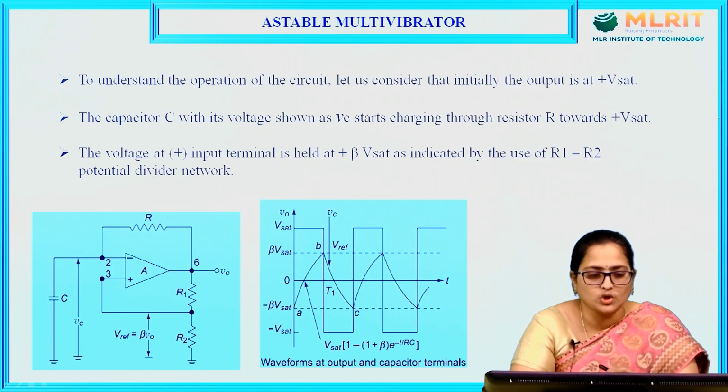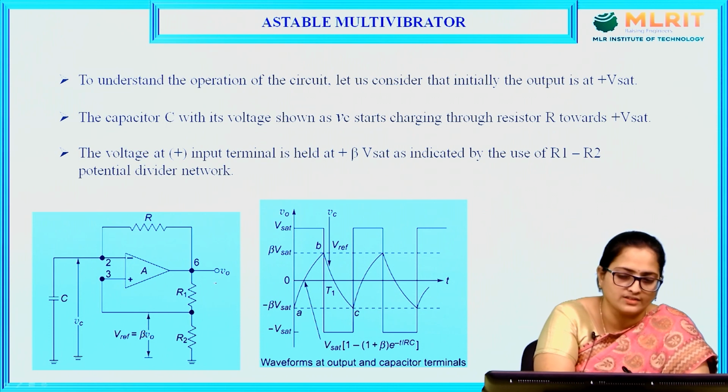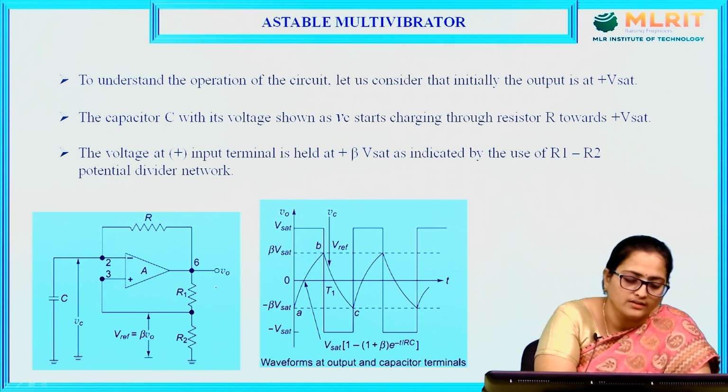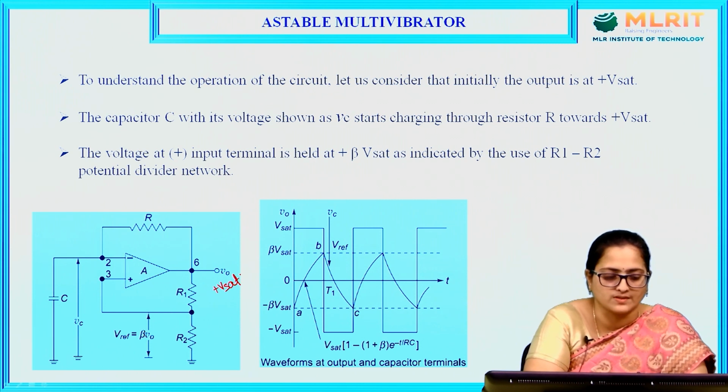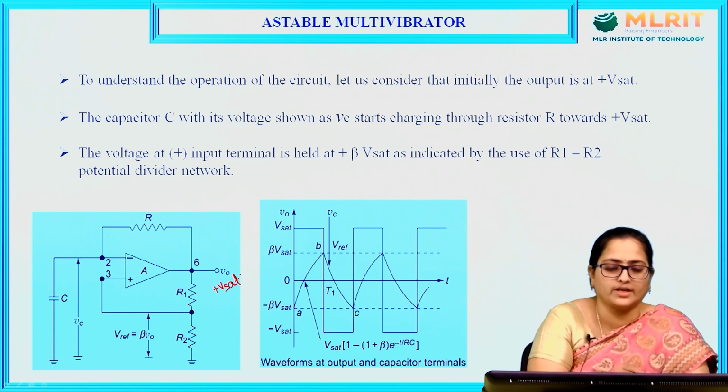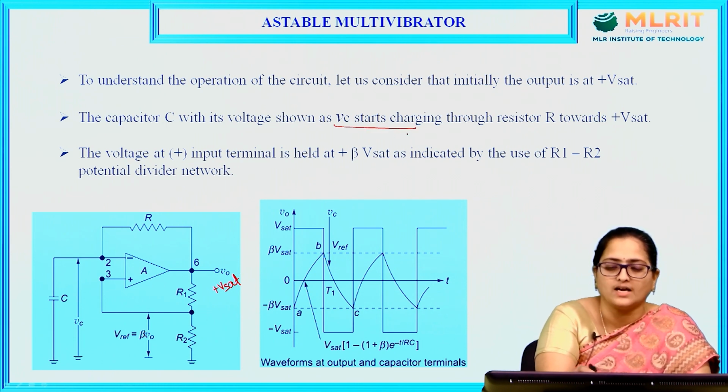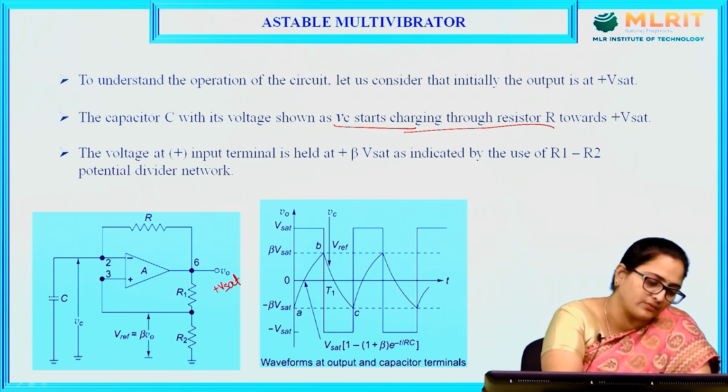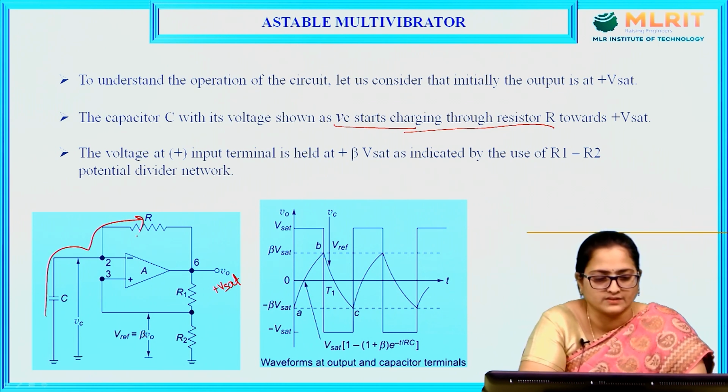To understand the operation of the circuit, let us consider initially that the output is plus Vsat. The capacitor C, whose voltage is shown as Vc, starts charging through the resistor.